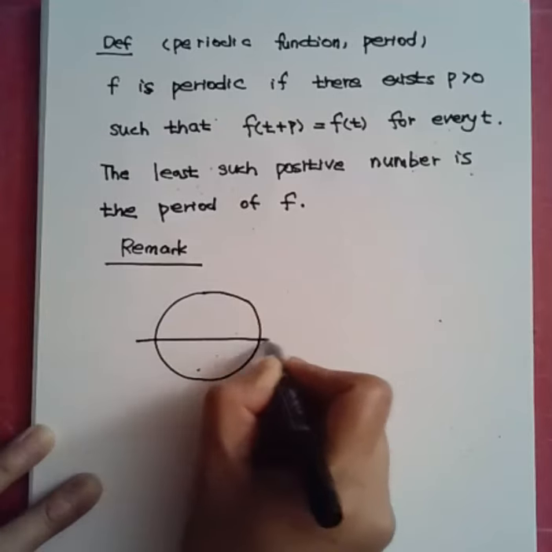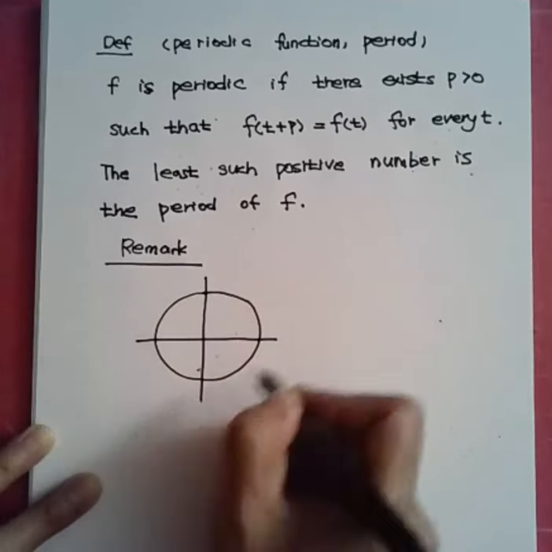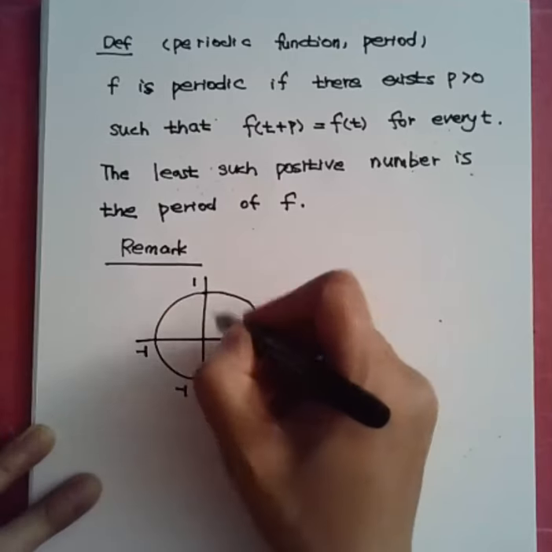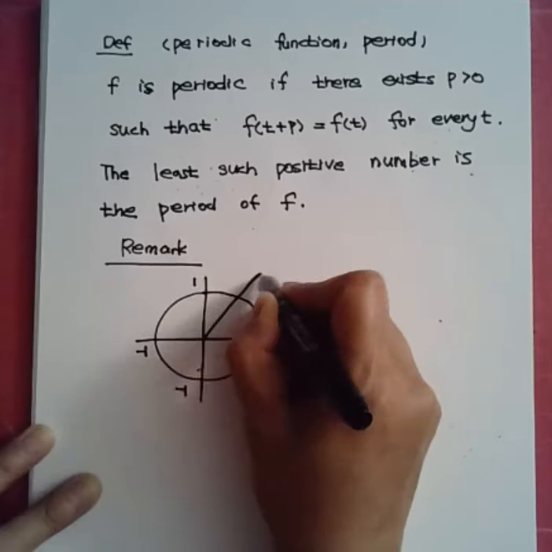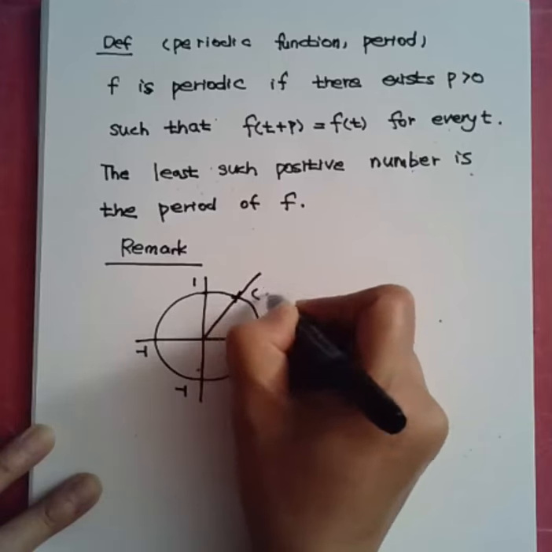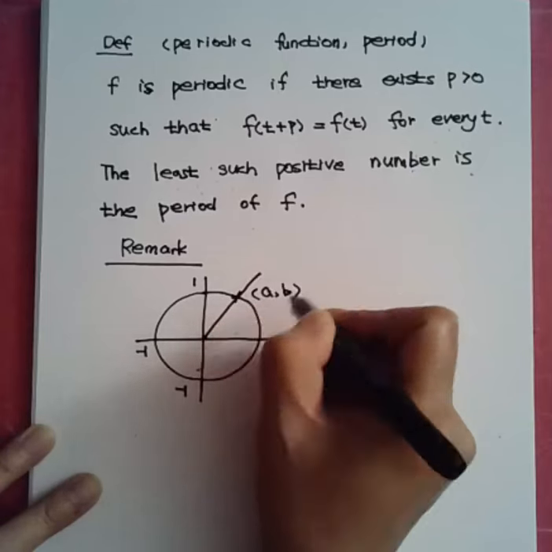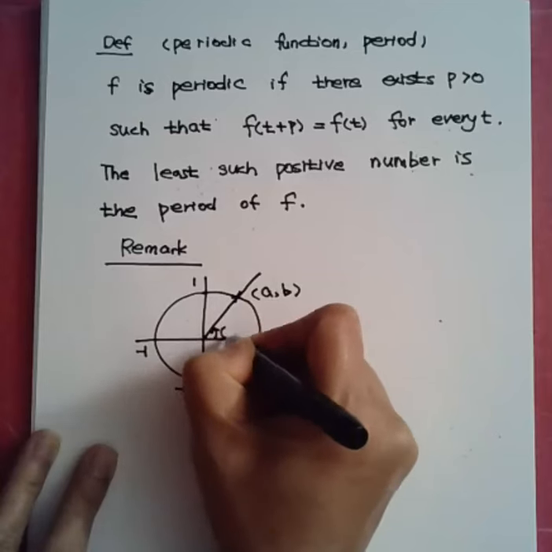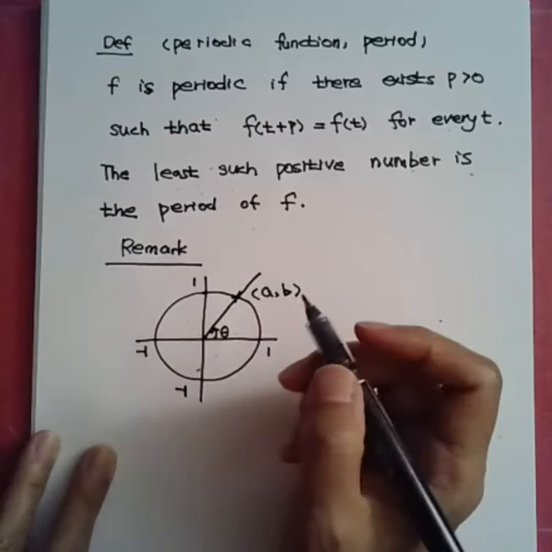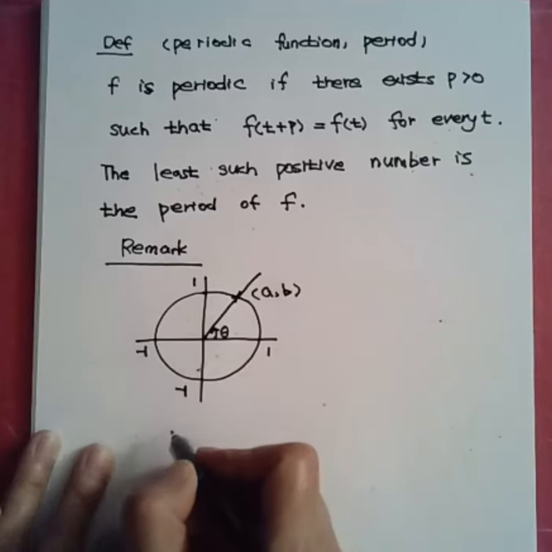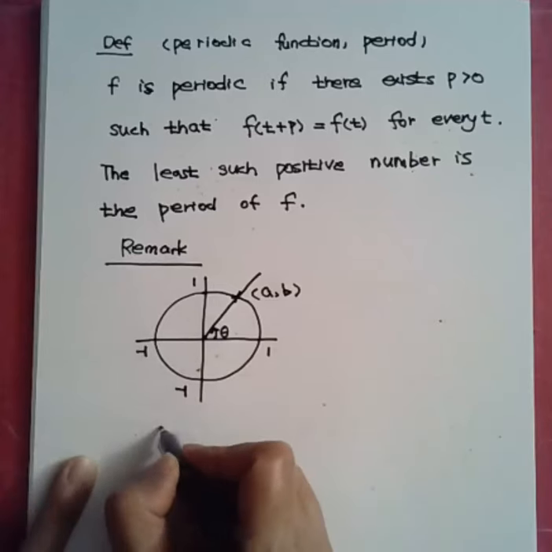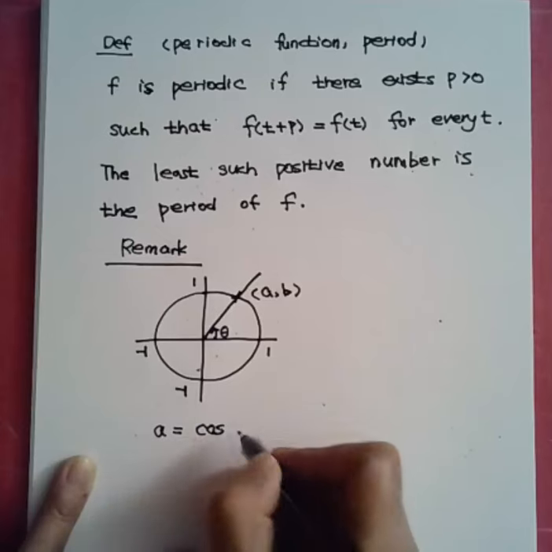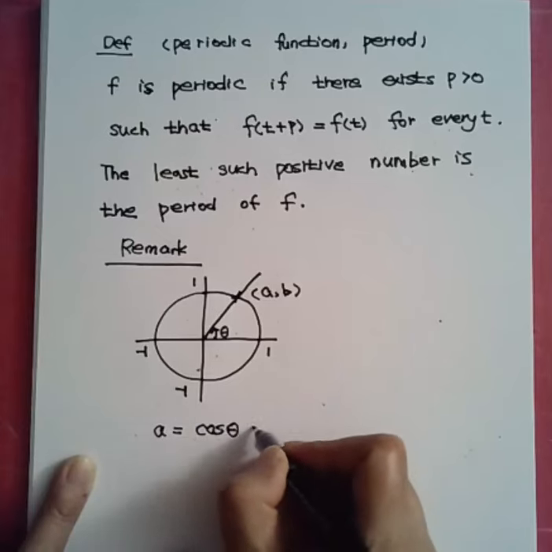Let's go back to the unit circle. This is 1, 1, -1, and -1. And this is A and B. Let's say this angle is theta. Then on the unit circle, we already know that A represents cosine of theta.